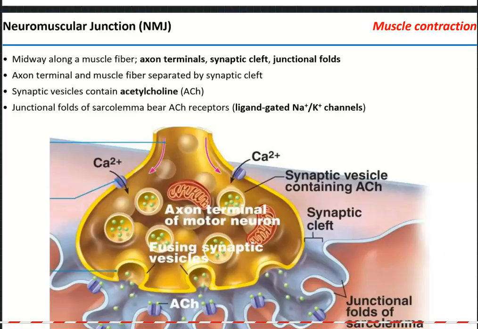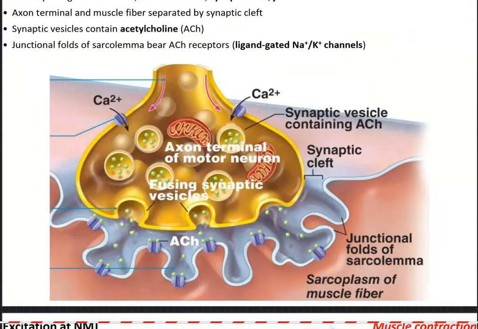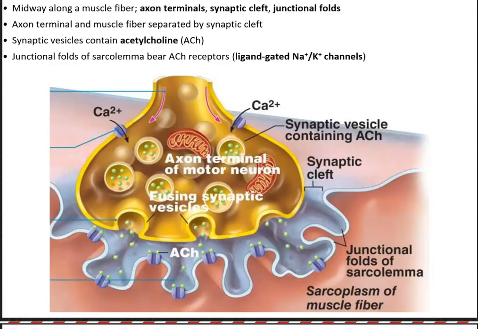It is not any different from a synapse. So here you can see the axon of a motor neuron.